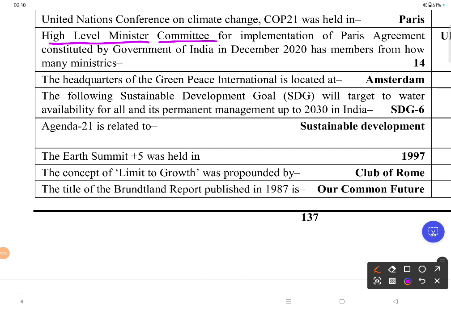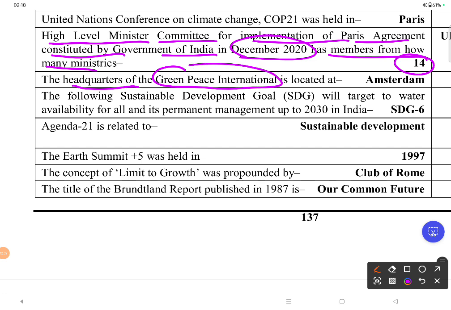High-level Ministerial Committee for Implementation of Paris Agreement, constituted by Government of India in December 2020, has members from how many ministries? 14. Headquarters of Greenpeace International is located at Amsterdam. The following Sustainable Development Goal will target water availability for all and its permanent management up to 2030 in India: SDG 6.